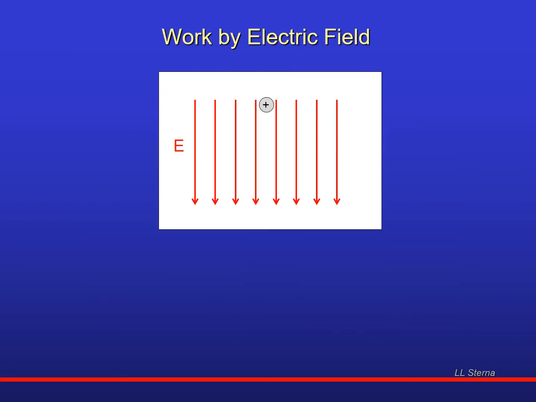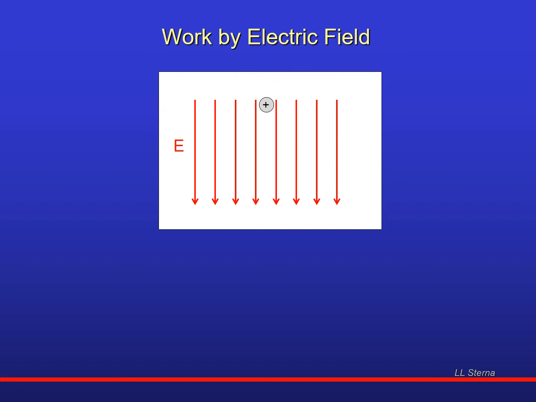Start with the vector method, and also with a concept that you should have covered in Physics 1, work. Now here we have an electric field. I have it pointing down, and I have a positive charge. We want to know how much work the field will do on the charge.